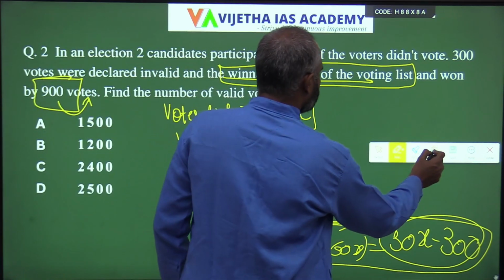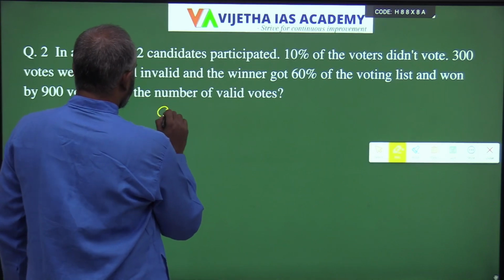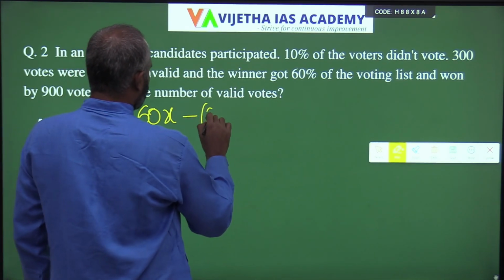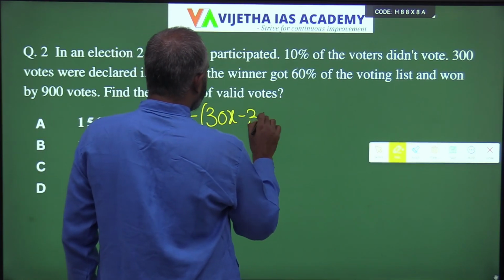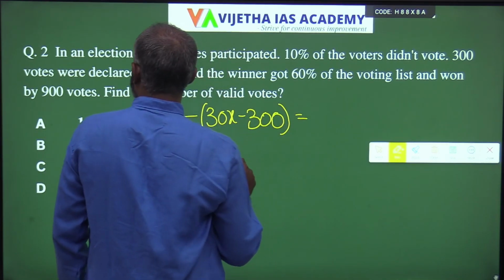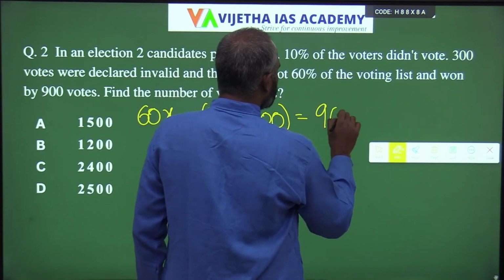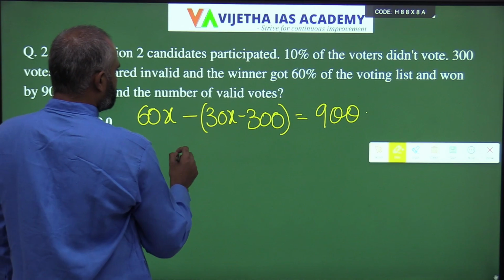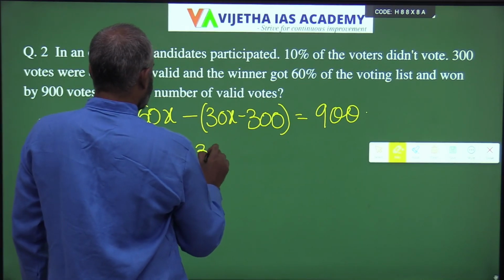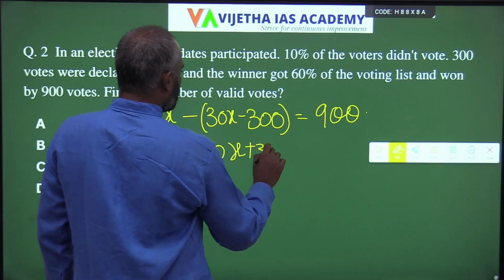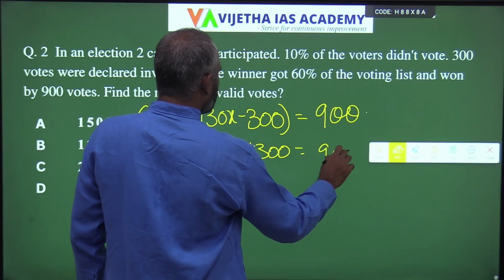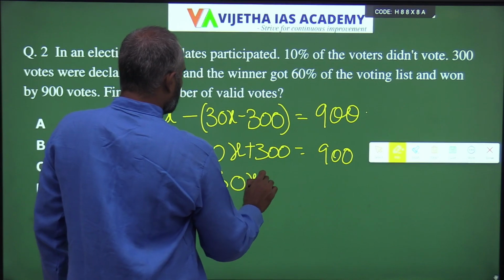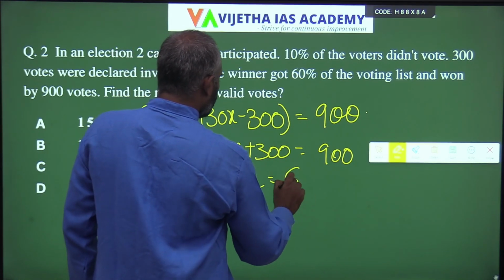So the winner's votes are 60x, the loser's votes are 30x minus 300, which equals 900. Now, 30x plus 300 will give you 900, and 30x will give you 600.